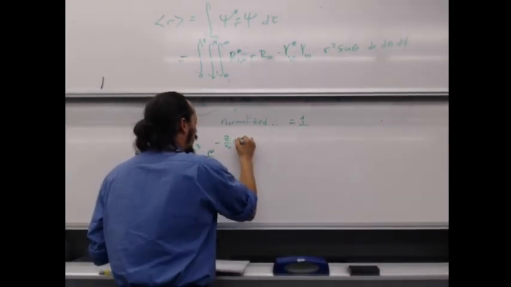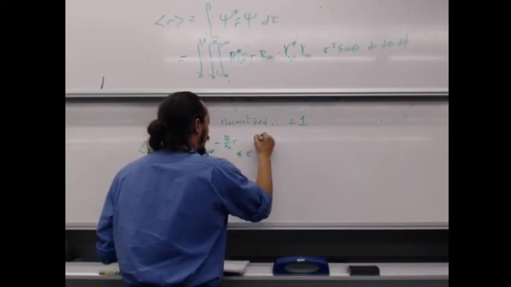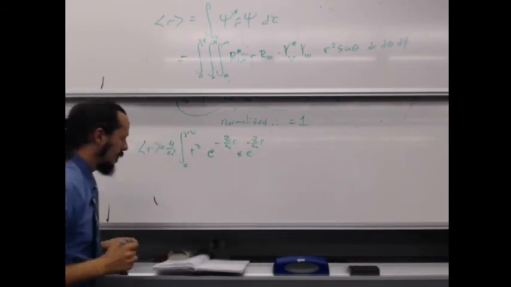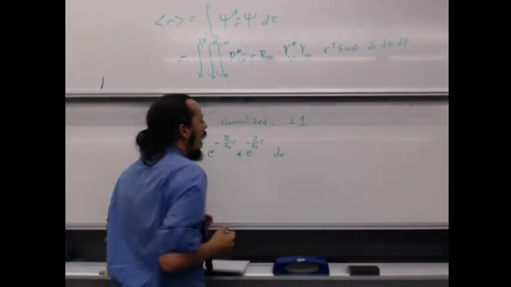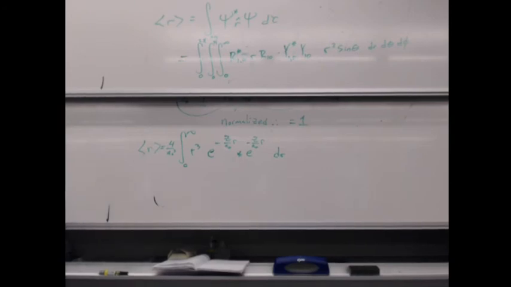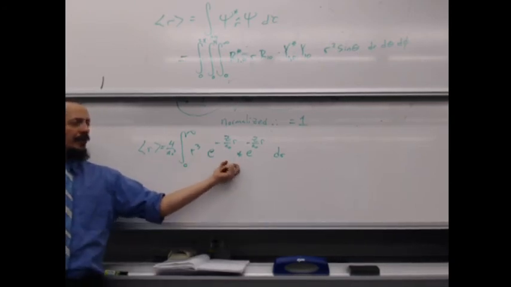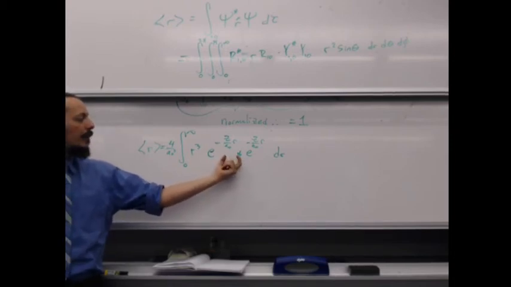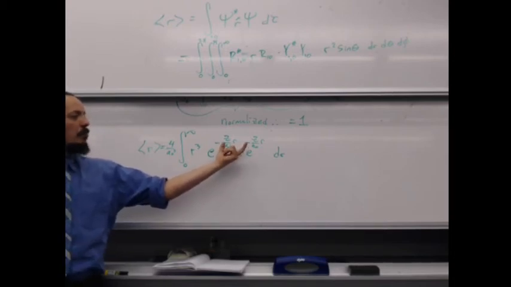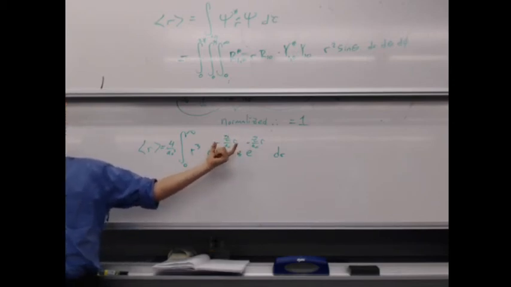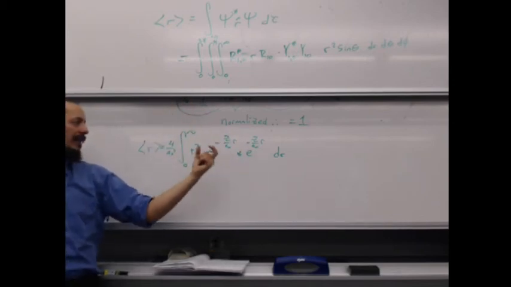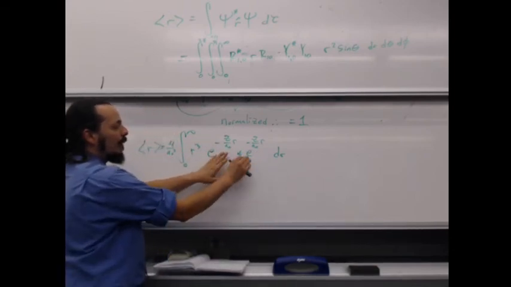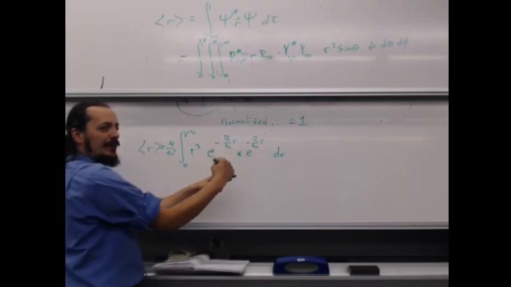Z on a naught r times e to the minus Z on a naught r, dr. A common mistake on the midterm was combining exponentials and doing some quirky things when combining them. Some people were multiplying them together. Some people were factoring out things early and not getting that correctly. So essentially, when I'm multiplying these two things together, I just add the exponents together.